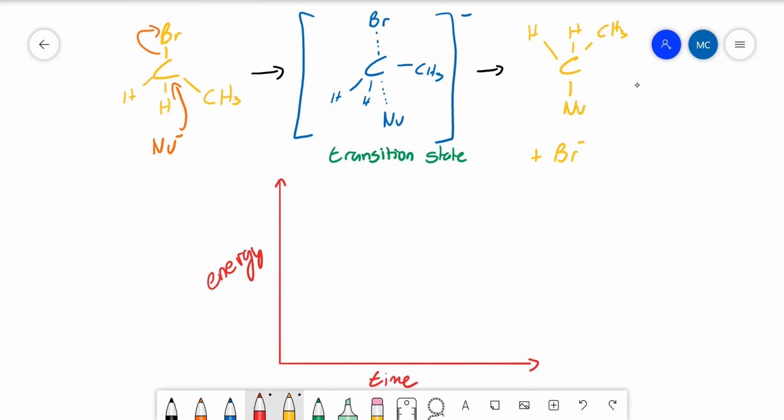Time, or progress of reaction, doesn't really matter. In this reaction, let's assume that it was an exothermic reaction. Substitution reactions can be either exothermic or endothermic depending on the reactant.